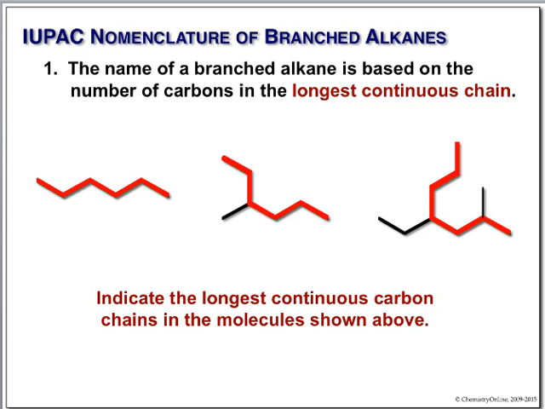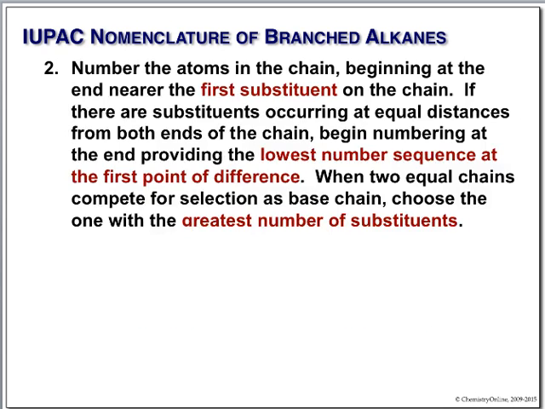All right, we need to be able to tell where these groups are attached, don't we? For that, we need to number our chain. We're going to number it so that we get a number sequence. And if we have competing number sequences, we want to go for the lowest number at the first point of difference.